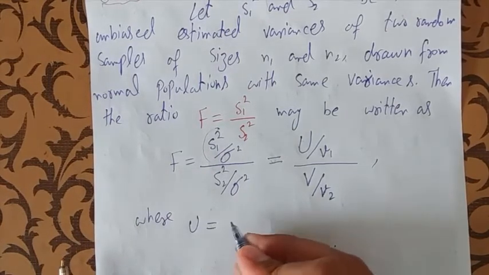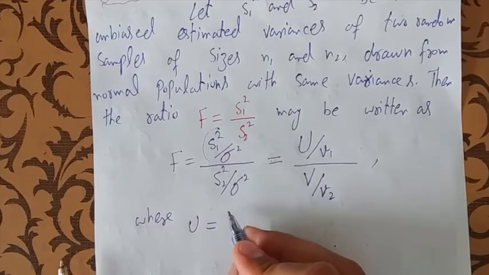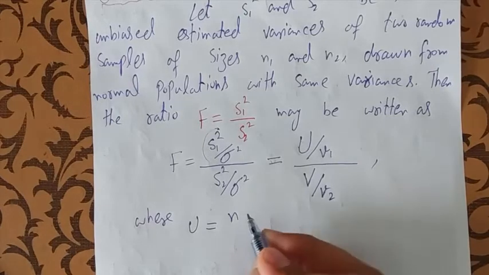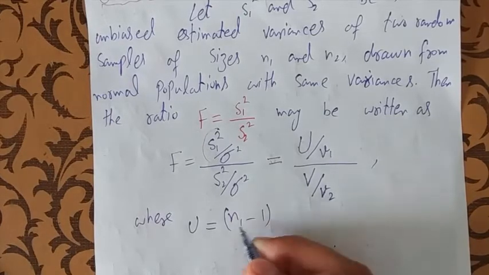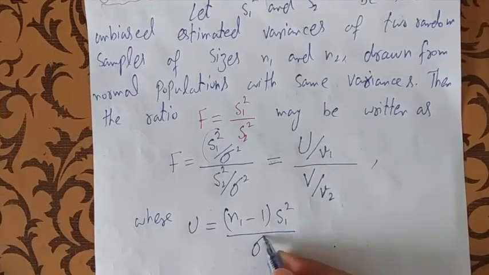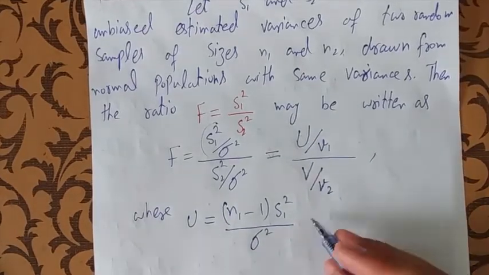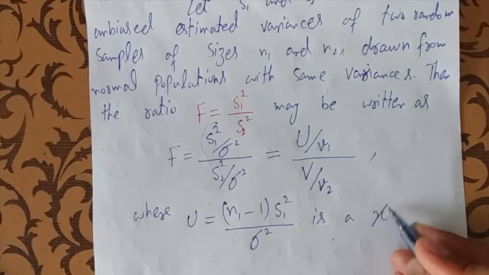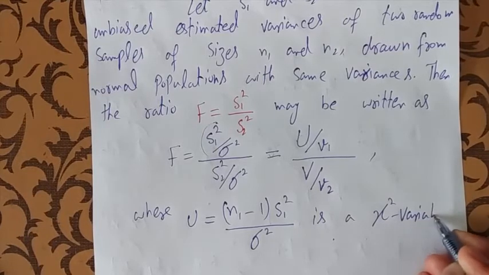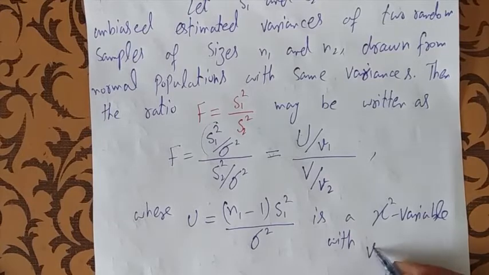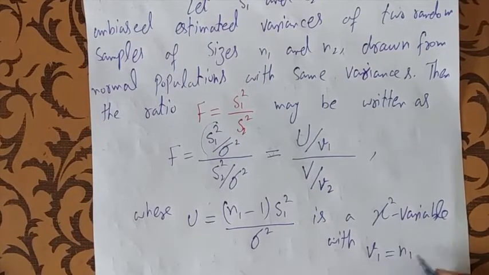capital U, which is equal to (n1 minus 1) into S1 square over sigma square, is a chi-square variable with degree of freedom nu 1, which is equal to n1 minus 1.